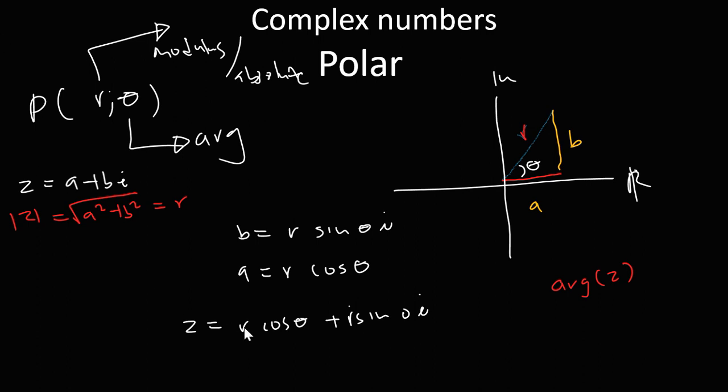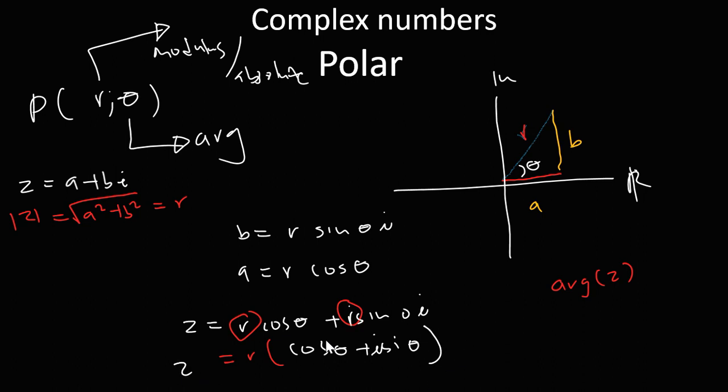If you notice, we have a common factor of r. We can factor it out, so we have r here, and what remains is cos theta plus sine theta, and sine comes with i.